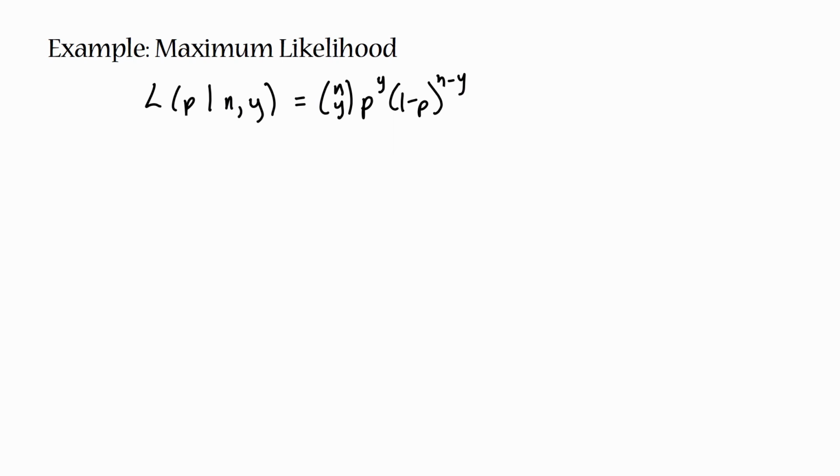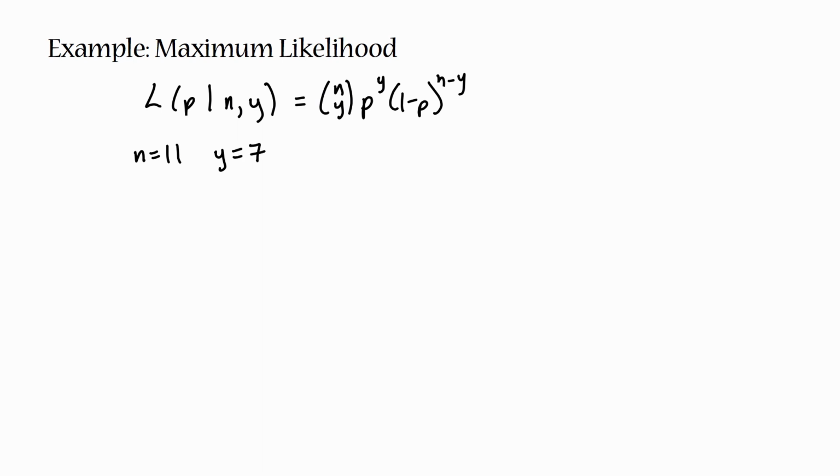So for example, say you're studying predatory shorebirds, and you've watched a bunch of them hunting. You saw them do 11 dives, and on 7 of them, they successfully caught fish.